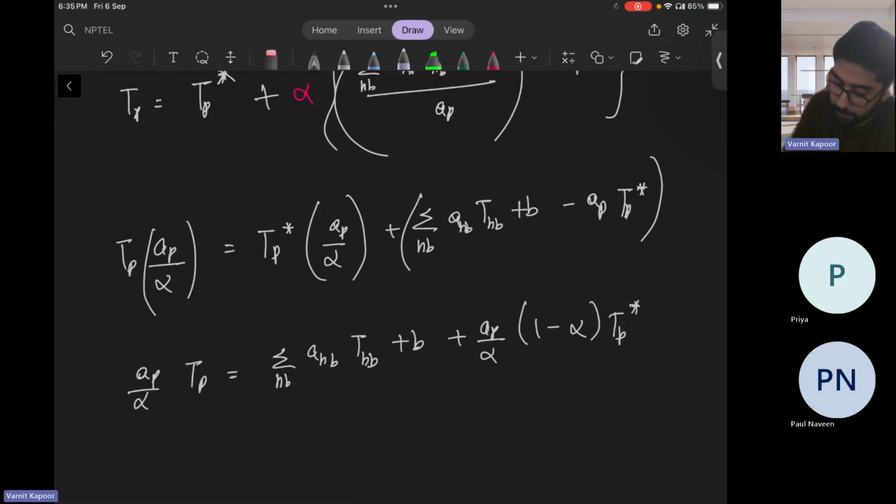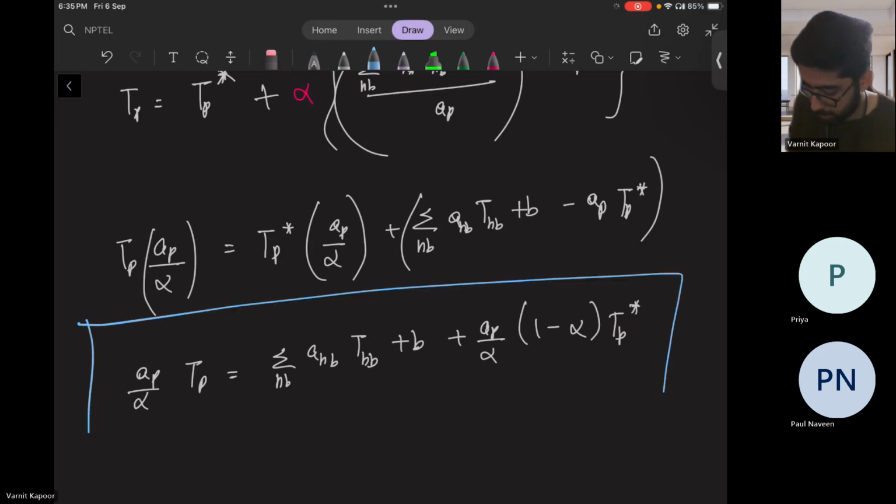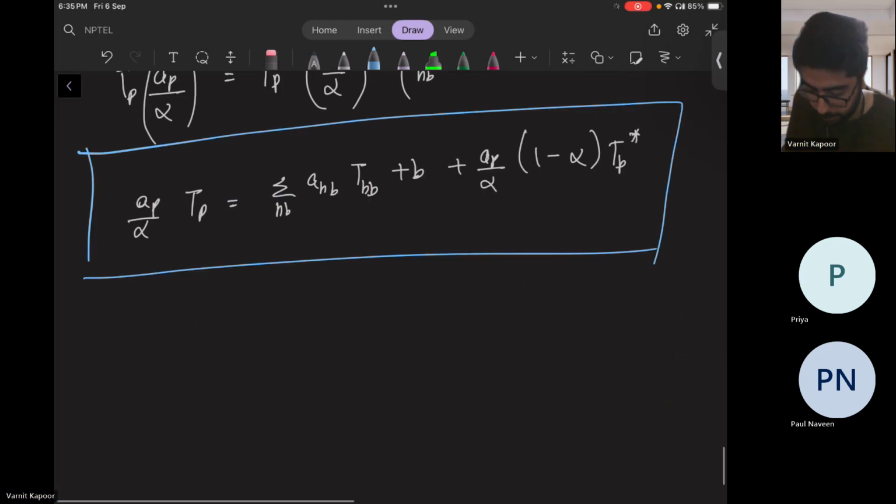I've grouped these two terms together as 1 minus alpha. So this is your relaxed equation now.